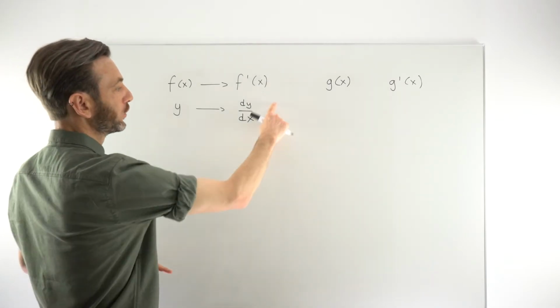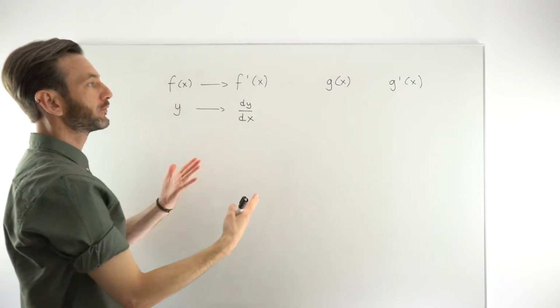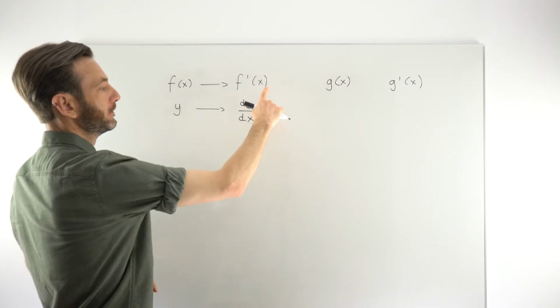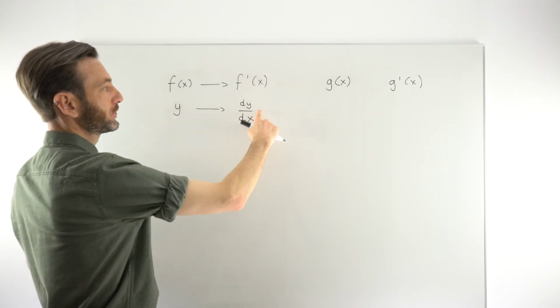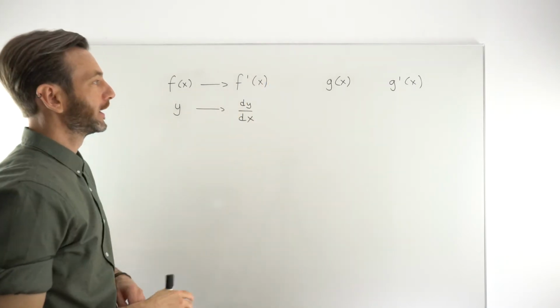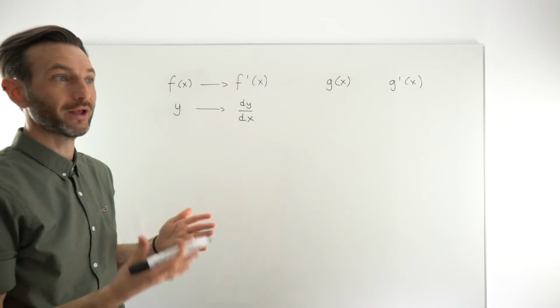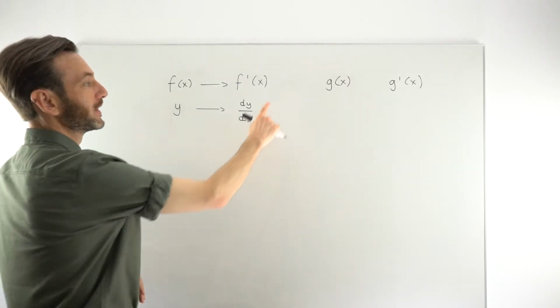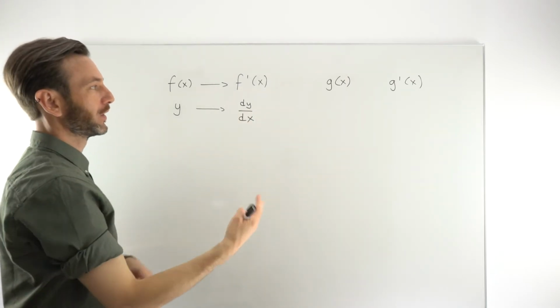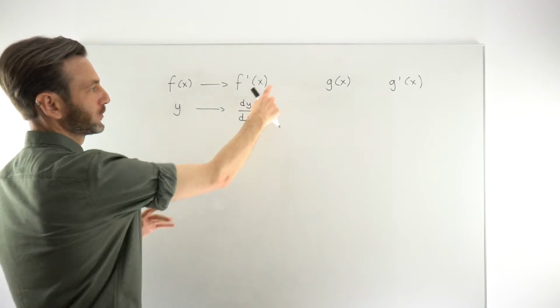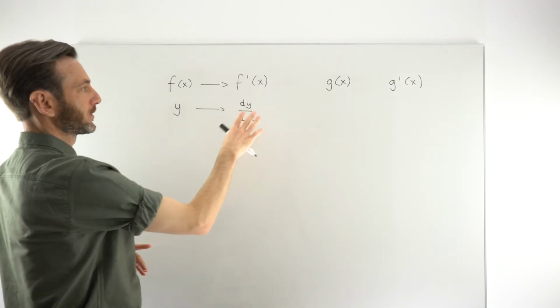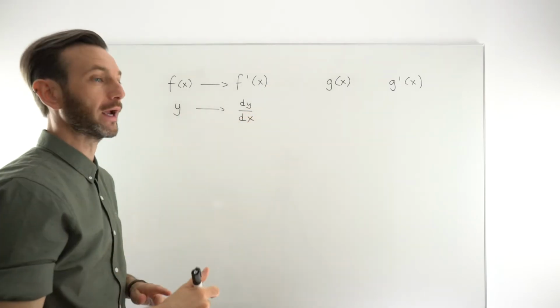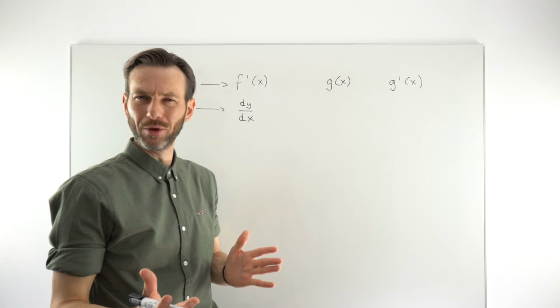They basically come about as a historically different approach to calculus, but they effectively mean the same thing. The way that we arrive at these two notations thinks about differentiation in a slightly different way, but you don't really have to worry about that.